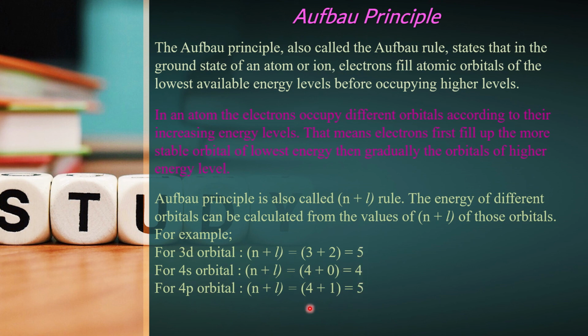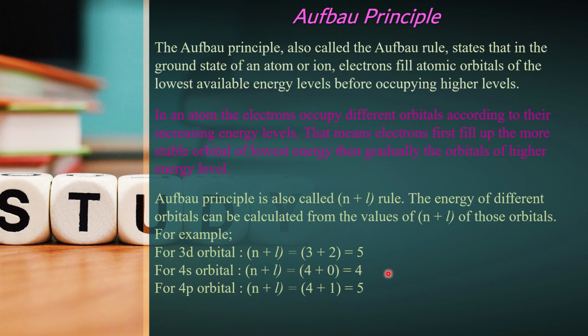Now, how will you calculate? If the N plus L value for two orbitals is equal, then you will see the value of N. Here, the value of N for 4p is 4 and for 3d is 3. This is more, so the energy of 4p is more than the energy of 3d.